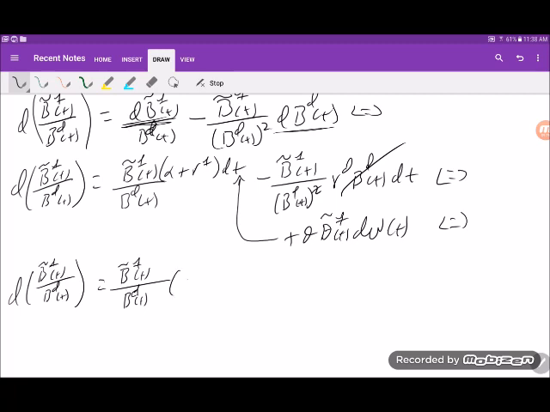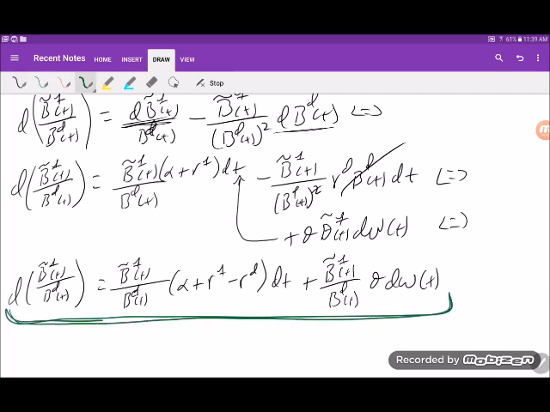But then we'll have alpha plus rf minus rd dt, and then plus b tilde f bd sigma dWt. All right. Now, this is the differential of this worked out.